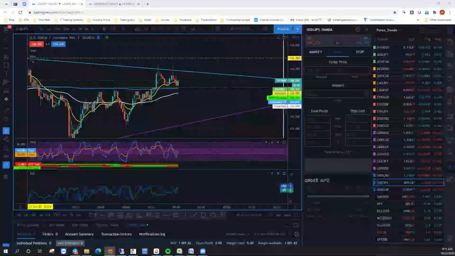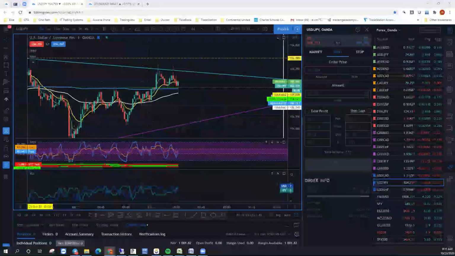It looks like it wants to break to the upside. Strong move down, it looks like it's retracing part of that trade.